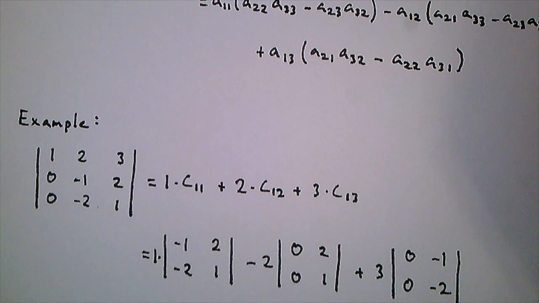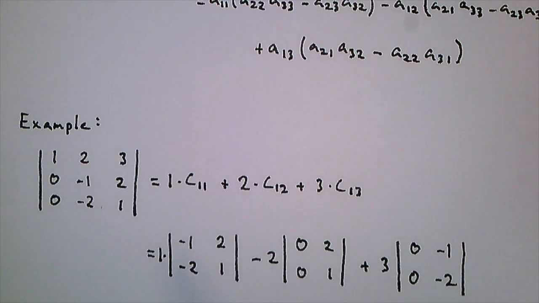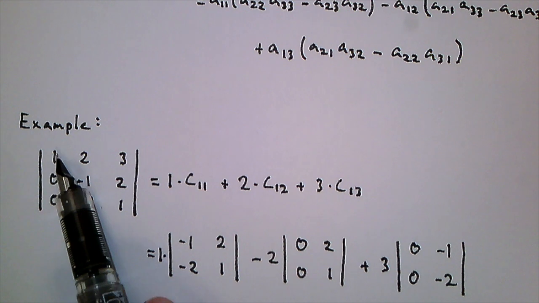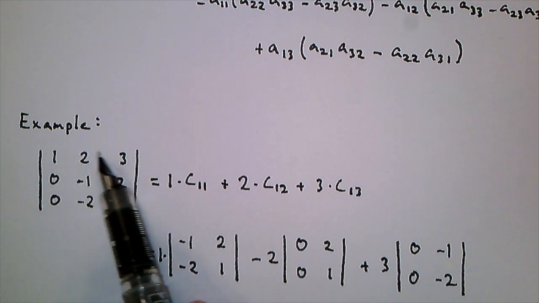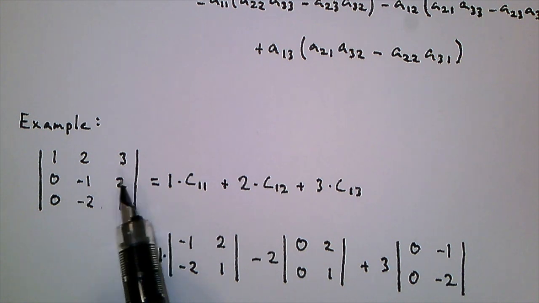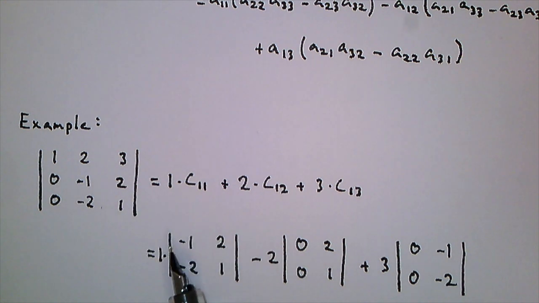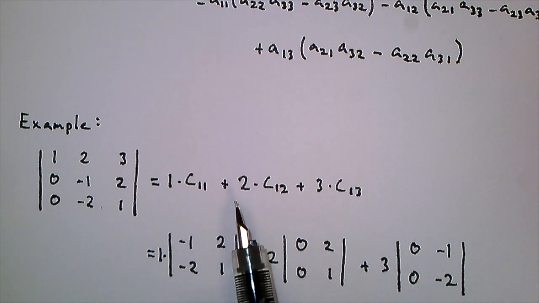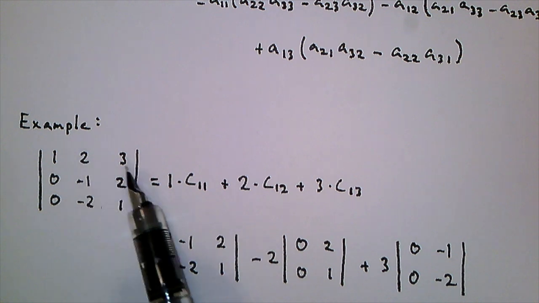And then we find the minors. So starting here, we delete the first row, first column. We end up with this left over. We form it into a 2 by 2 matrix and take its determinant. And then remember the pattern. For the second cofactor, we get a minus sign.